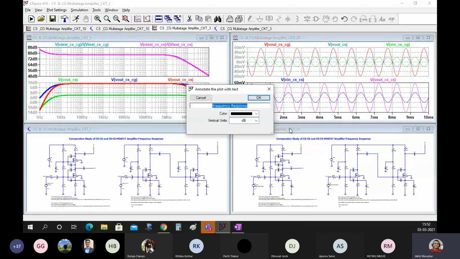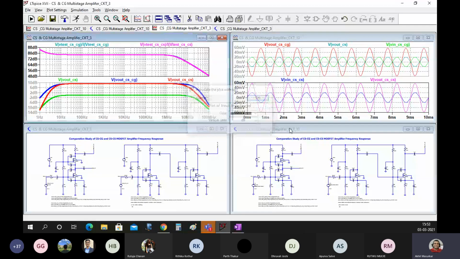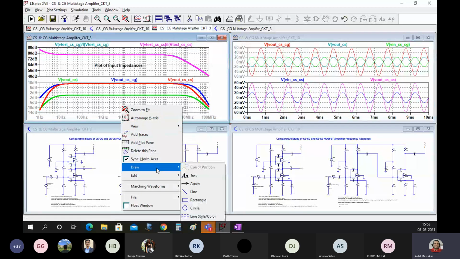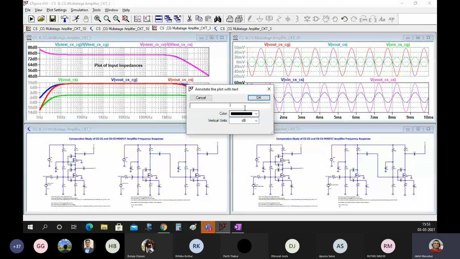This is the plot of input impedance, and you can just say the frequency response. Here the first one is the output of CSCG. This is of CSCS.